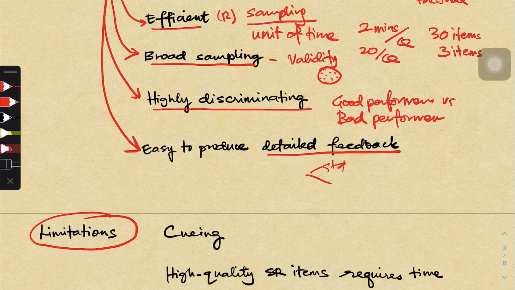And one big criticism of the selected response format is the cueing. Cueing means, of course, in SR, let's take a single best answer, you have a question, and you have the options A, B, C. So critics say there's the list there, and even if the students do not remember in the beginning, now there's a cue.